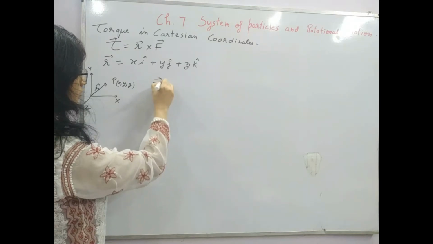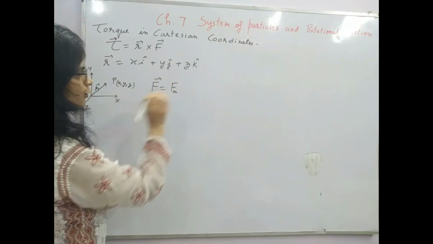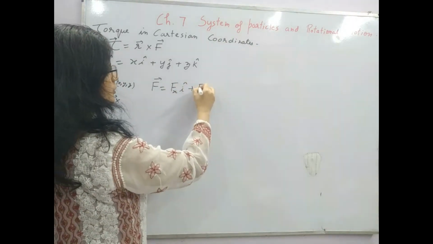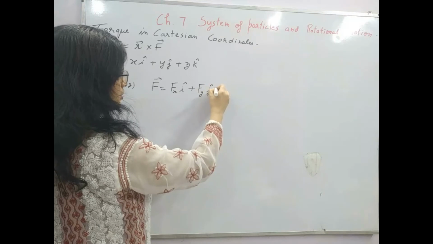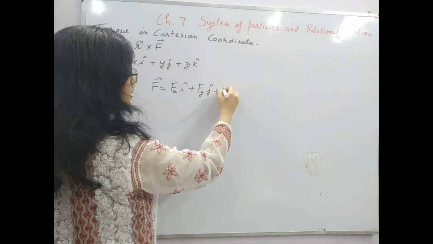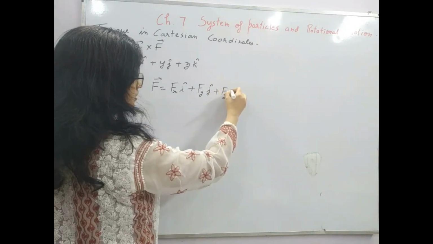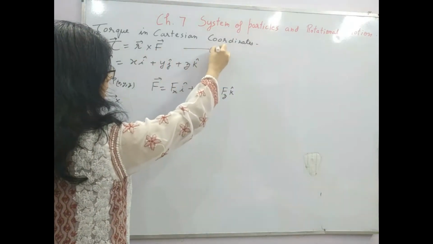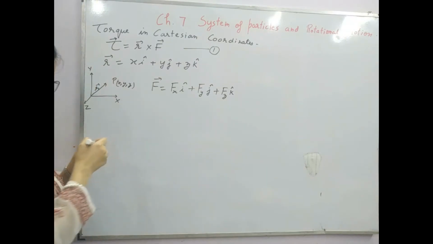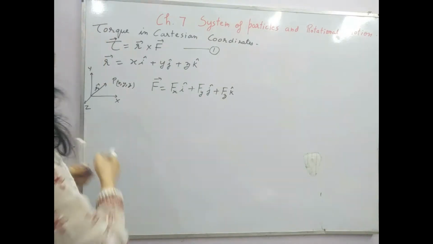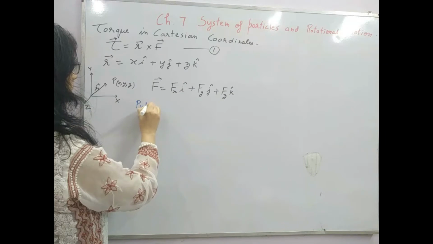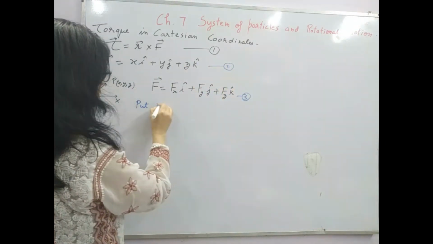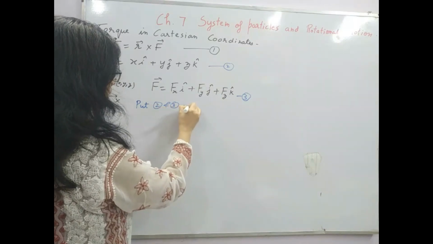If I am talking about F vector, the component of force along x direction, that is i cap, plus component of force along y direction j cap, plus component of force along z direction into k cap. Now we know that this is r cross F. So put this value, put 2 and 3 in 1.